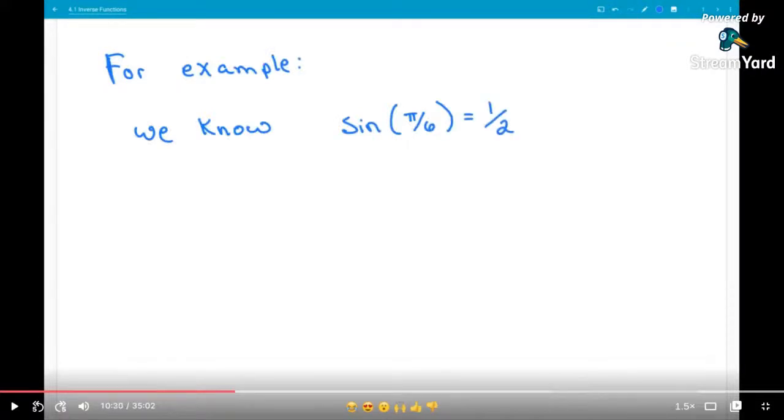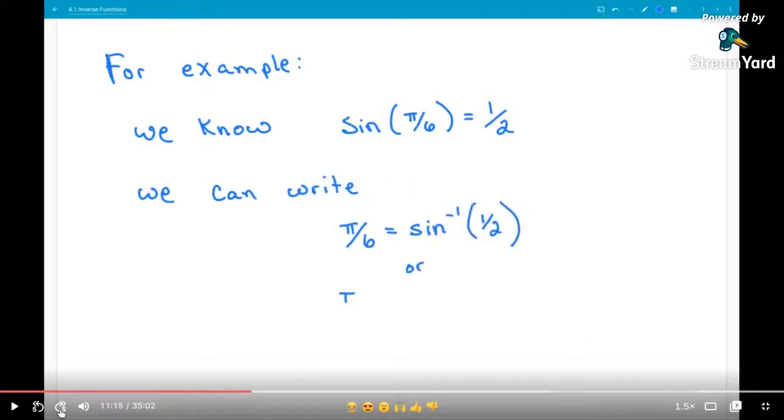So we know that the sine of pi over 6 is 1/2. What I'm arguing is we can rewrite this as pi over 6 is the inverse sine of 1/2. Or pi over 6 is the arcsine of 1/2. Right?